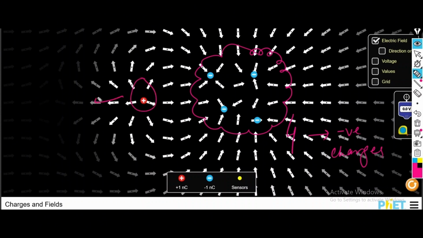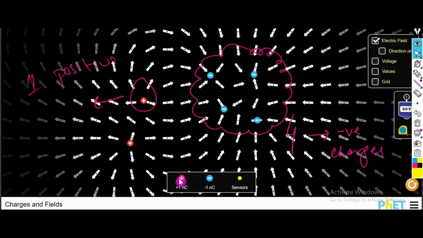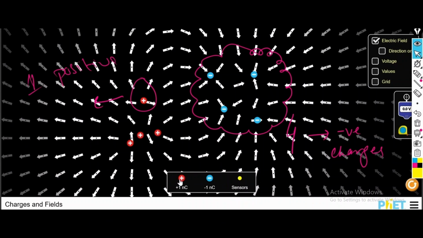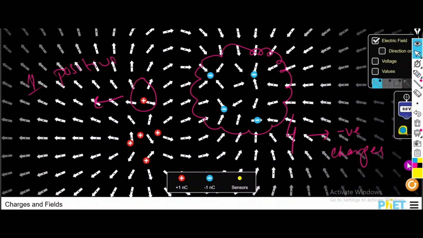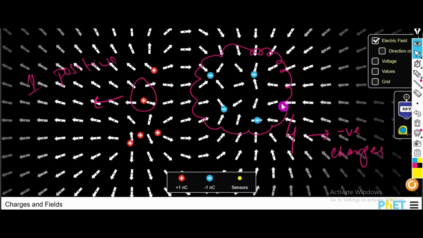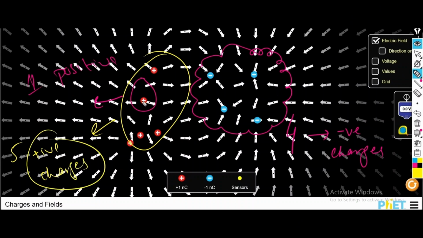Here it is 1 positive charge. And if we bring another positive charge here, these are other positive charges. So we will say that these are 1, 2, 3, 4, 5 positive charges, not in fractions but in whole numbers.